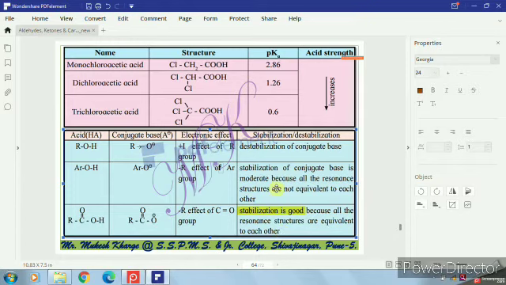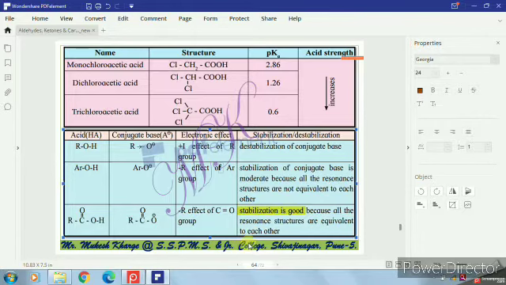In the case of the phenoxide ion, some resonating structures show different charges. You can check the different resonating structures of the phenoxide ion, then you can easily understand.